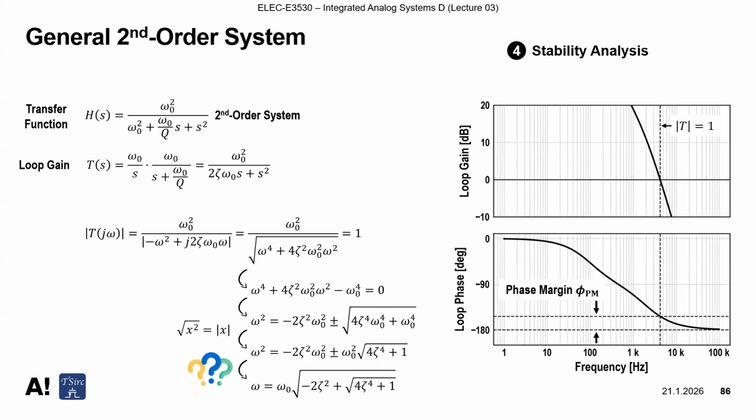And I take the square root of minus 2 times zeta square plus the square root of 4 zeta to the power of 4 plus 1. The question is, why didn't I take account of the minus term? Can you answer why? Anybody? I only think about the plus term.